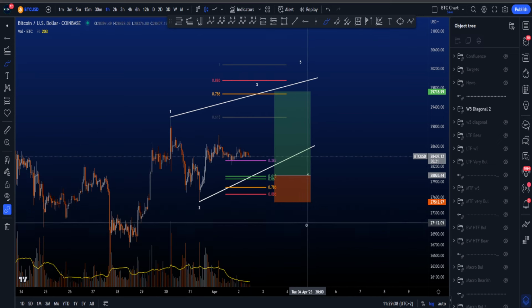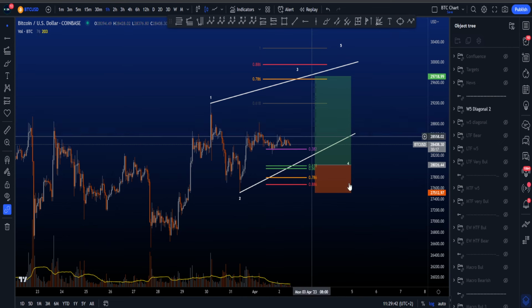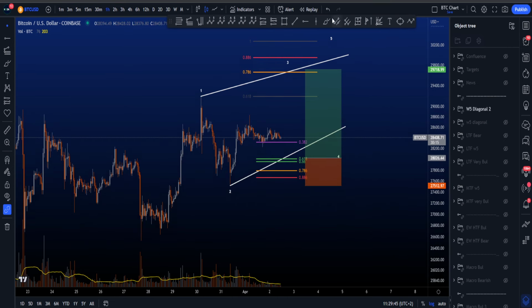But on the lower time frames at the moment, the words clear and sensible are not really visible in the chart, because it's not too clear what's happening. So this video might be a little bit of a rant, not of course, but it might be different from the others, because usually I have a very clear preferred scenario, but in this case with the lower time frames, I'm basically going through each scenario and just explaining you my thoughts.